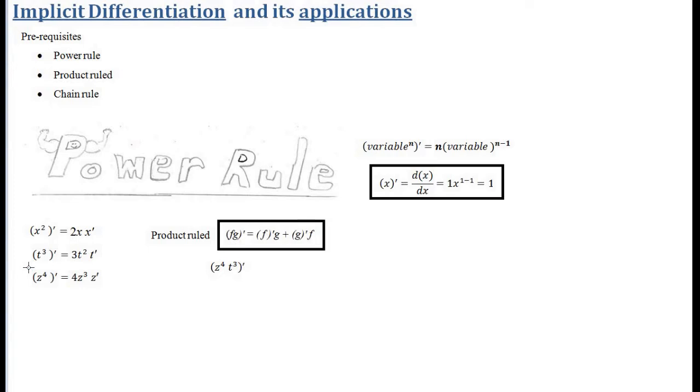If we have a product of f and g, and we are tasked with finding its derivative, it is going to be a sum of two terms right here. The first term is going to consist of the derivative of f times g, the original g, and the second term is going to consist of the derivative of g times the original f.